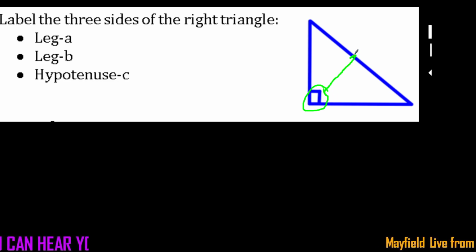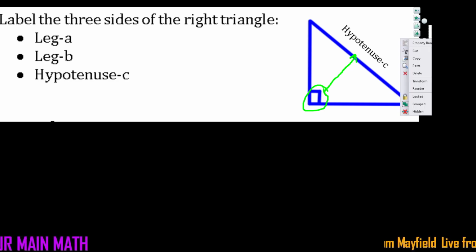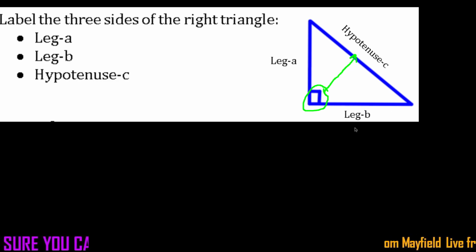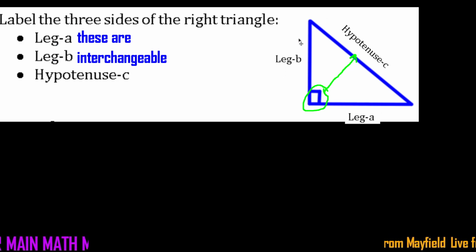Opposite of that right angle, I'm going to draw an arrow pointing to the hypotenuse, which we usually say is C. The other 2 sides that are adjacent to each other are going to be leg A and leg B. These are interchangeable, as long as you know that the 2 sides adjacent to the right angle are the legs, and the side opposite of the right angle is always the hypotenuse.